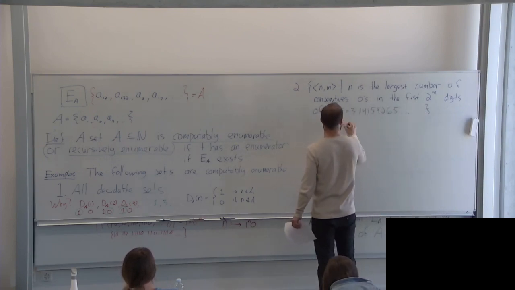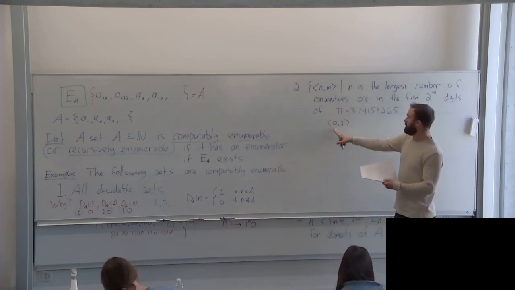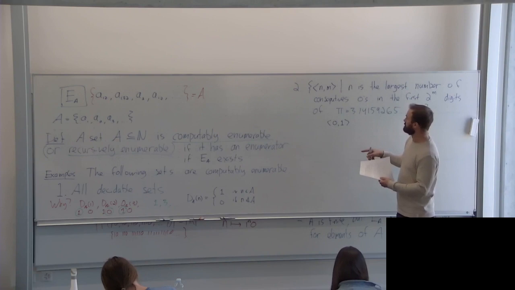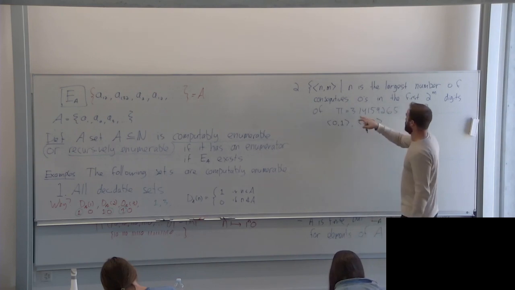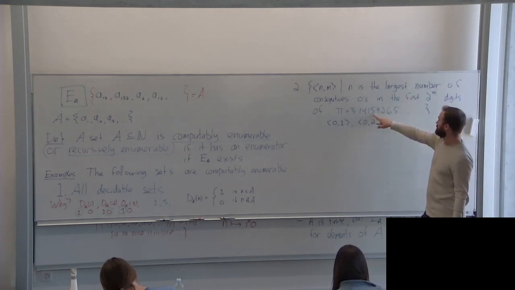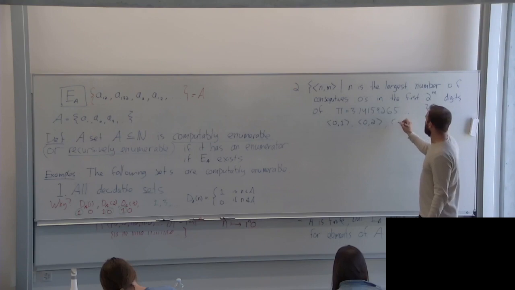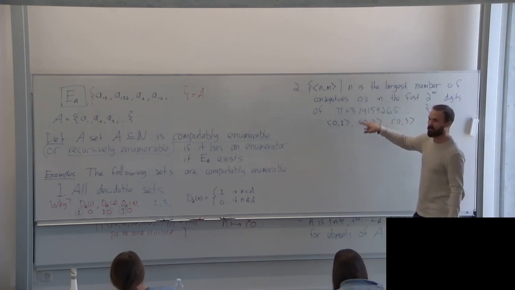So 0, 1 will be enumerated. I will also enumerate 0, 2, because there are no zeros yet in the first 2 to the 2 digits of pi, namely the first 4 digits. I will enumerate 0, 3, because in the first 8 digits of pi there are also 0 consecutive zeros.